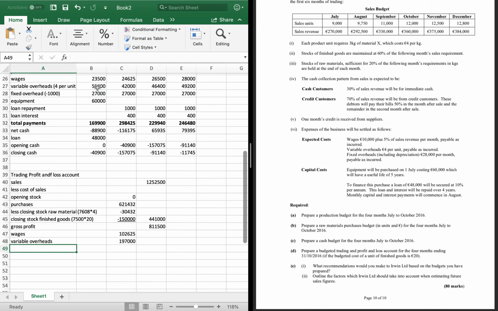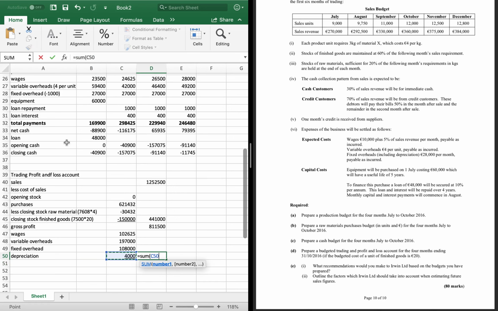You can add your fixed overhead then. 27,000 by 4. You can add your depreciation, which is 1,000 a month by 4. So there's your depreciation there by 4, and then you've got your interest is your last one.